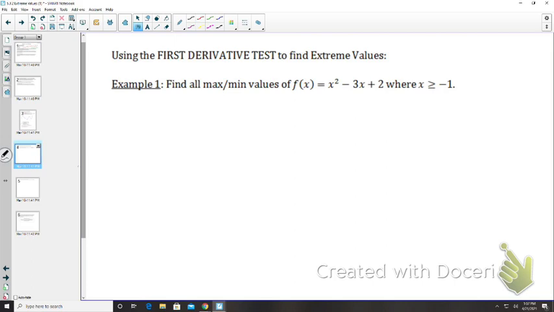Step 2 is to find the corresponding y value for each critical point. And step 3, we are going to graph our line using intervals of increase/decrease.